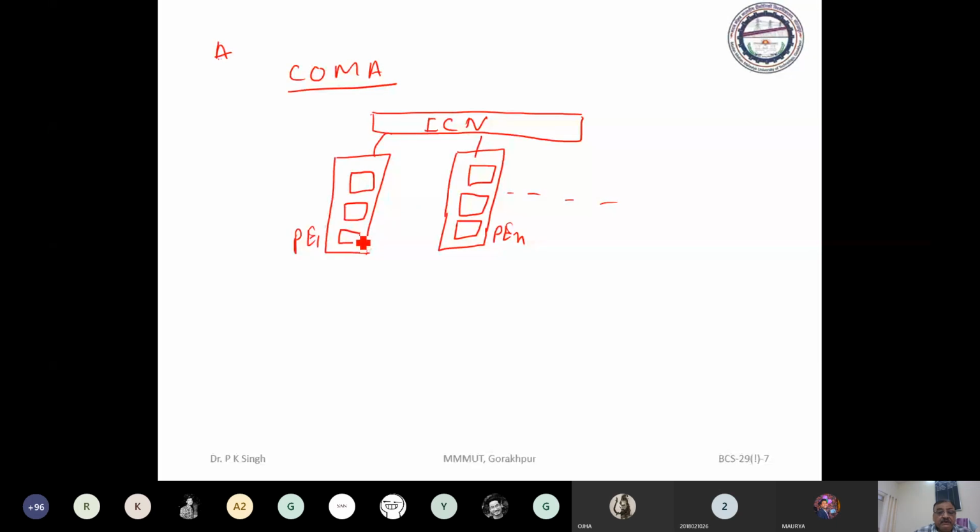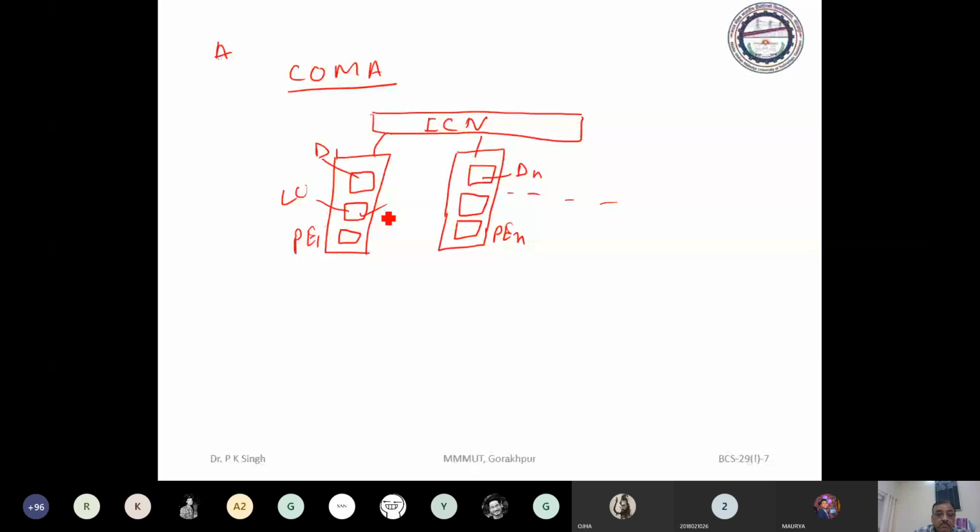This processing element is processing information available in its local cache memory, and this is directory D1. This is directory of n.